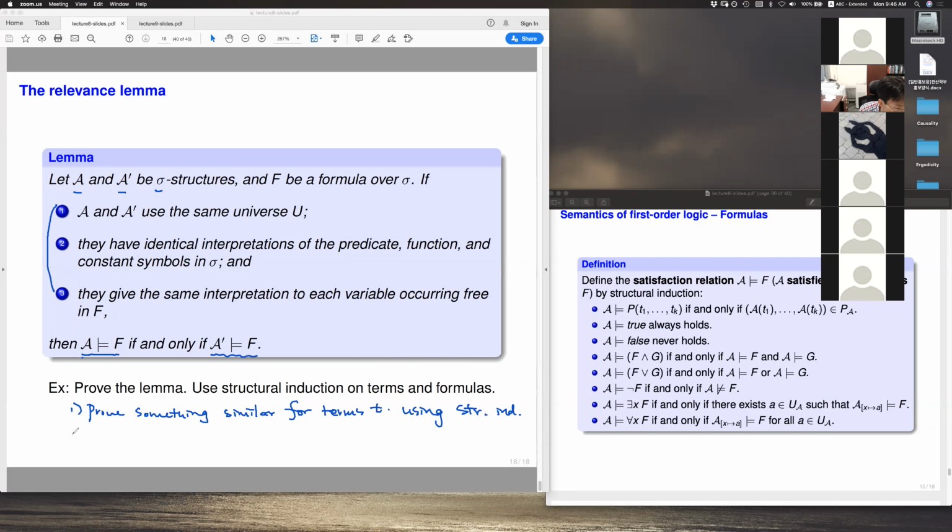And then once you are done, you can use what you proved in step 1 and prove the lemma using structural induction. So I will give you 5 minutes to do this exercise.